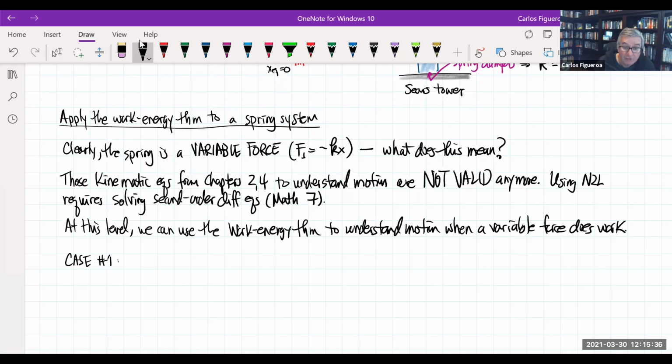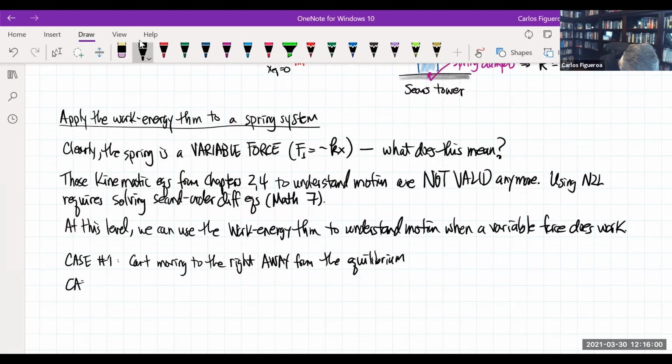And what we're going to do here is that we're going to have a cart moving to the right, away from the equilibrium. And then I want to look at the return trip, which I'll call case number two.